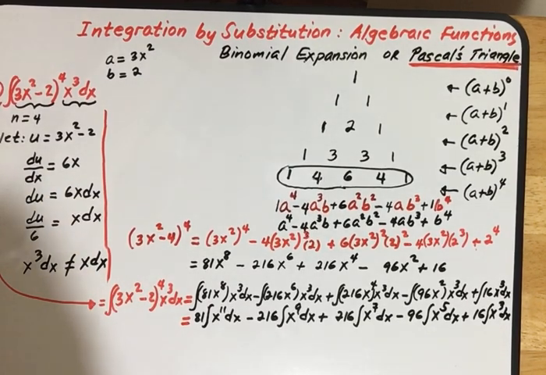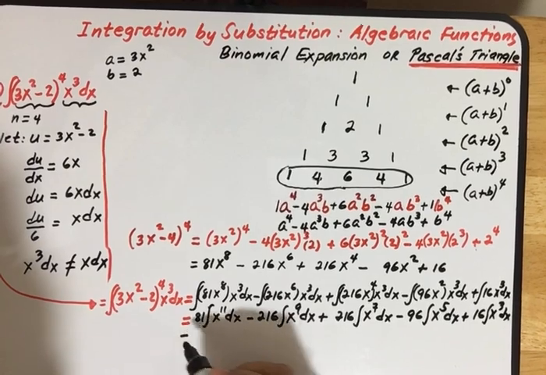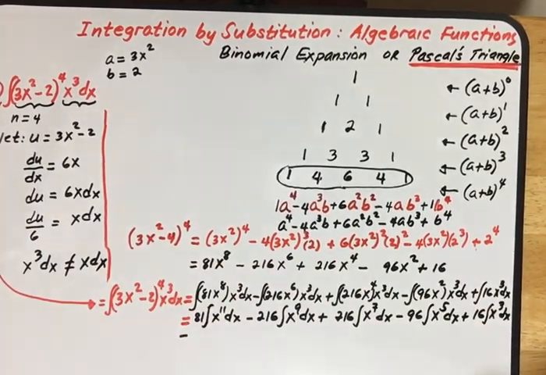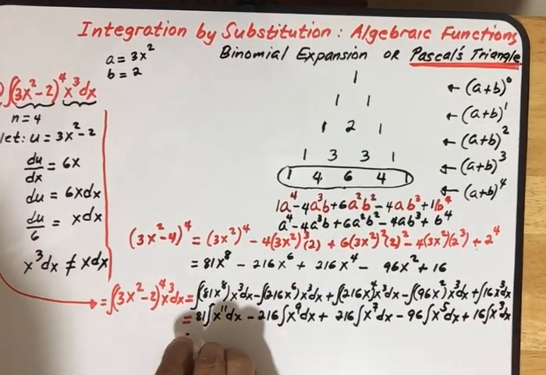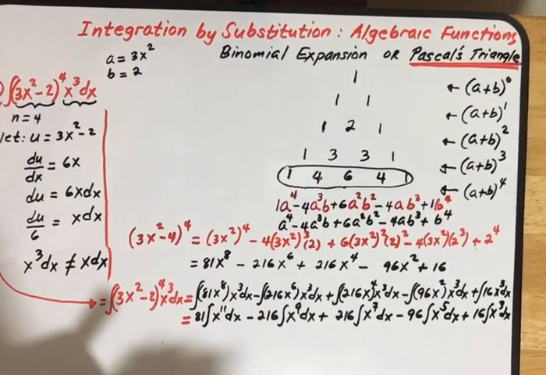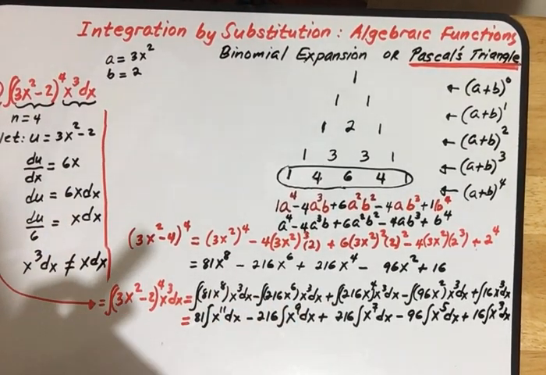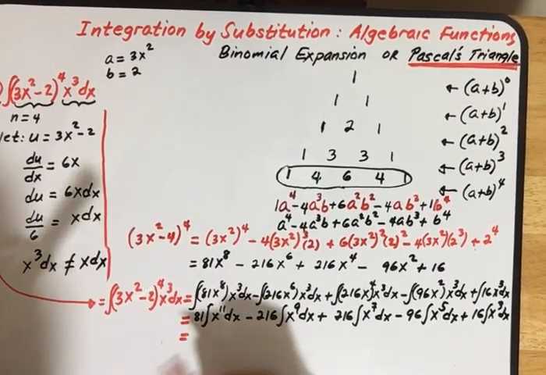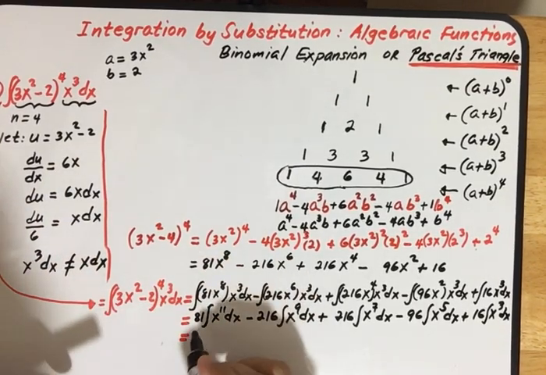Okay, next, applying the formula. So our formula is the general power formula. So this is equal to 81.